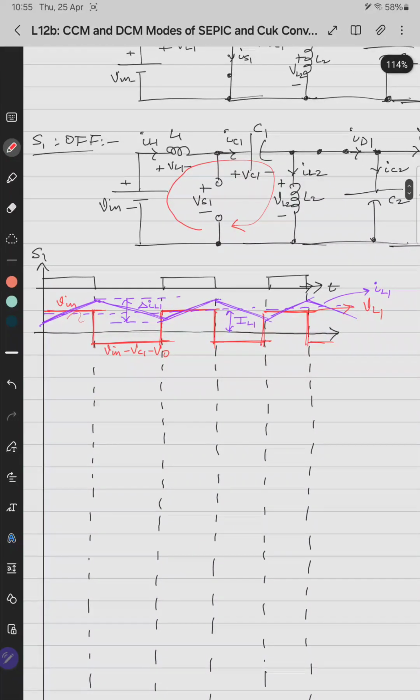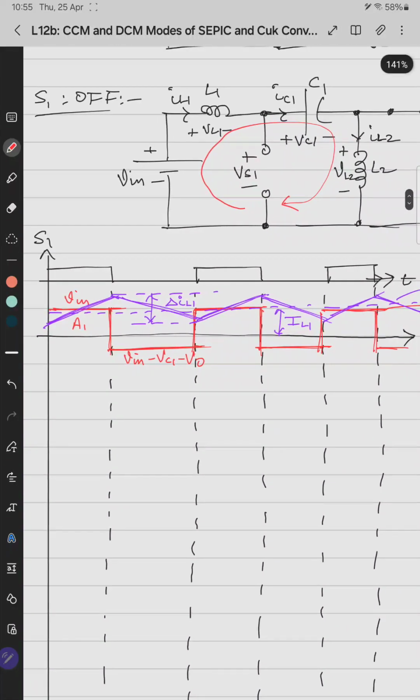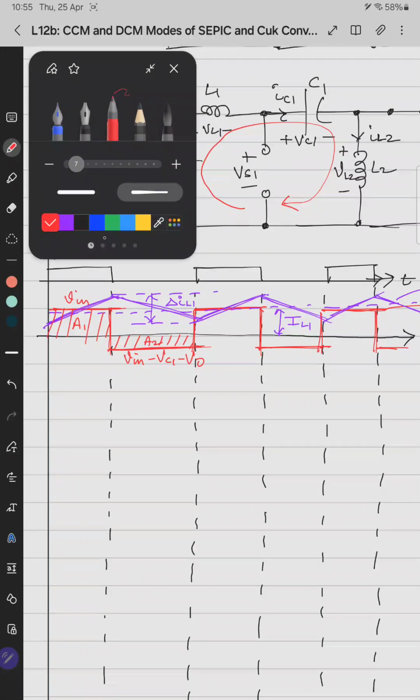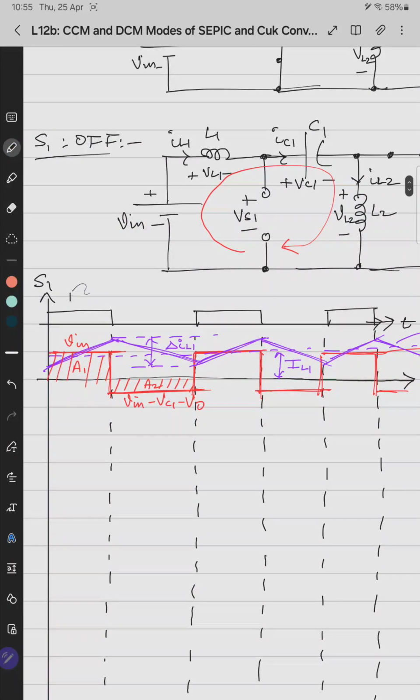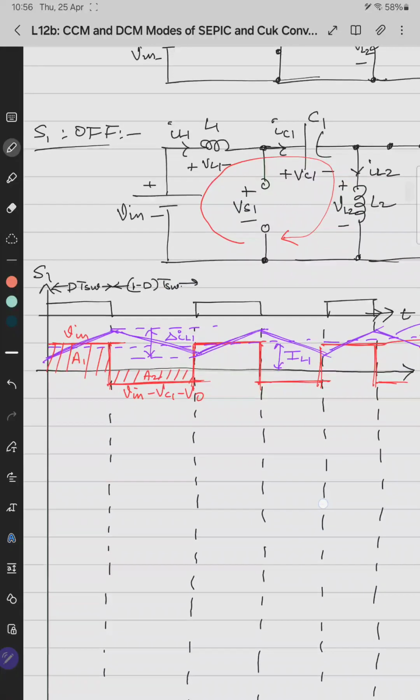As of now I'll mention that this area is A1 and this area is A2. This time is D times T switching, and this time is 1 minus D times T switching, the off time.